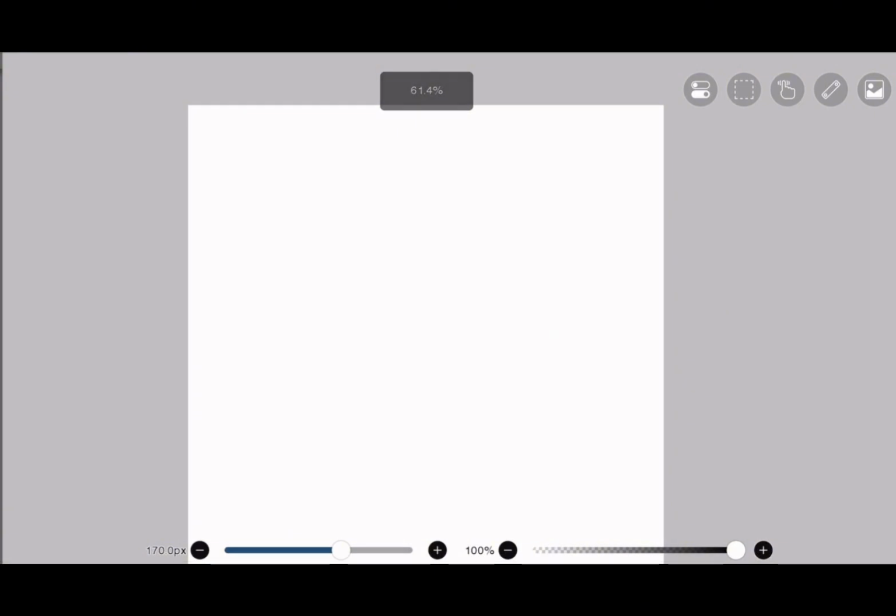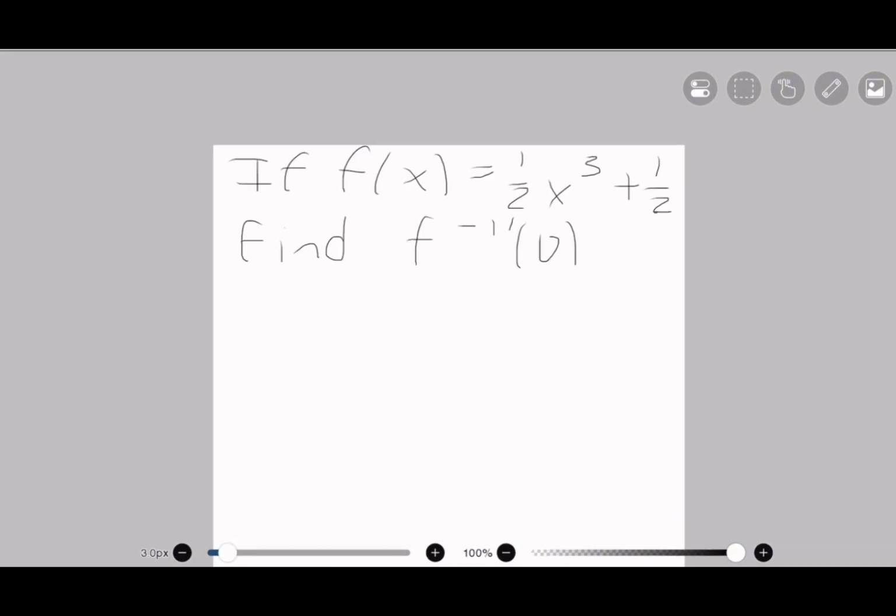So let's take another look at another way to algebraically solve it. So looking at this problem, let's take away a few things. What do we originally want to find? We want to find what value of x in our original equation, f of x, can give us the y value of 0. Might not be too clear. So what x value can we plug in to give us a y value of 0? That is what the inverse is.